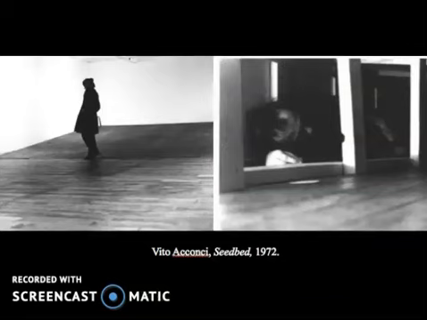Another work that he did was Seedbed in 1972. This one has really shocked a lot of people, in which he made a gallery space, and he built a floor on top of the gallery floor and slanted it. And people would come in and walk around and hear this very strange and distant noise, but that was it. And then they left the room. And they came to find out that underneath the floorboards, Vito Acconci was watching every viewer that came into the room on a video monitor, and he was masturbating to the images of them, and the sounds in the gallery were the sounds of him underneath the floorboards.